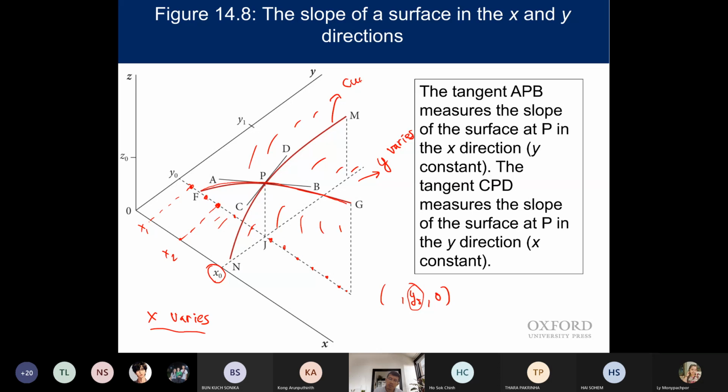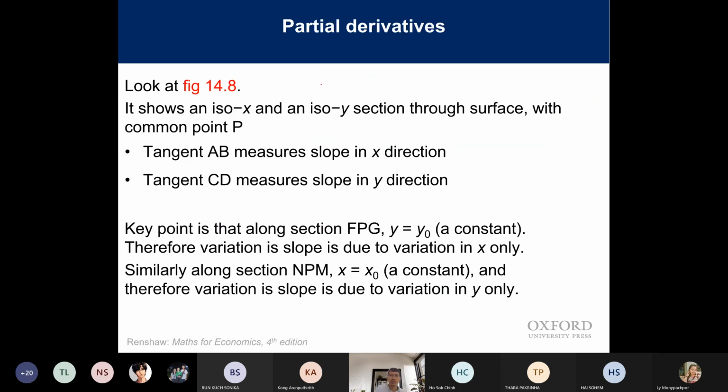A curve. So why do we need to think of this situation? We are trying to define what is meant by partial derivative. So for the partial derivative, you have z equal to a function of two variables, right? You want to see the change of z with respect to, for example, x, but when y is a constant.